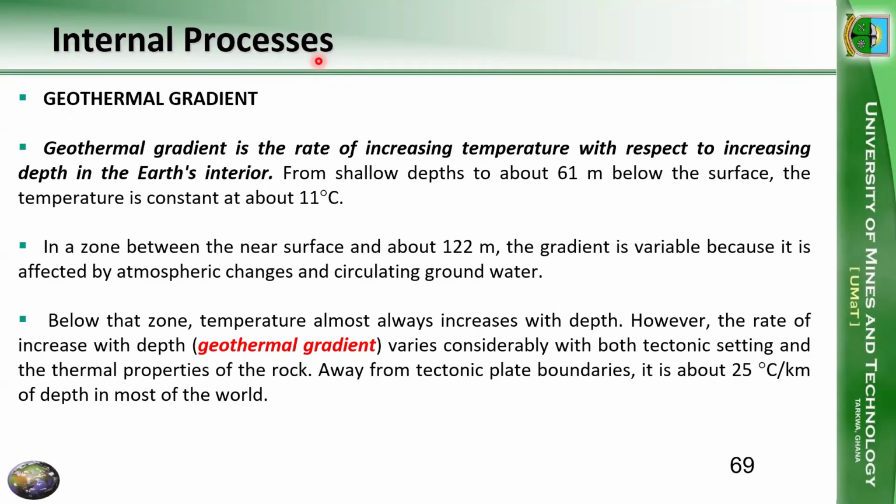Once we exceed these depths, the rate of change is quite constant at about 25 degrees Celsius in most parts of the world. So the rate of increasing temperature with respect to increasing depth is what we call geothermal gradients.